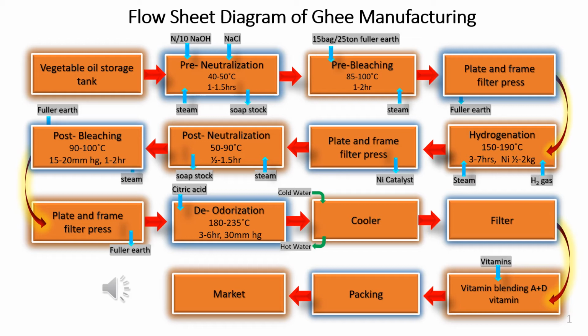In the plate and frame filter press, we filter our oil and we remove the nickel catalyst. Why do we filter our oil? We filter the oil to remove the nickel catalyst which we used in the hydrogenation section.